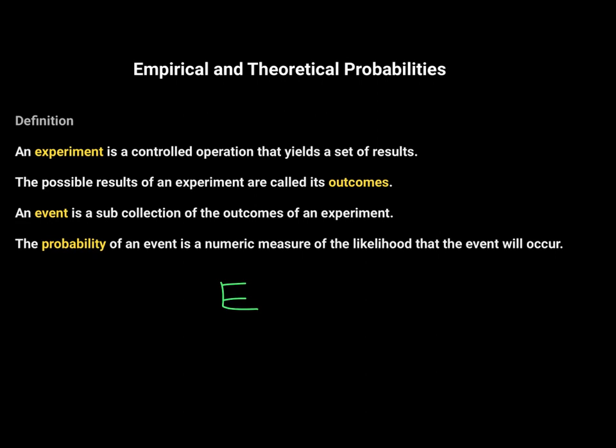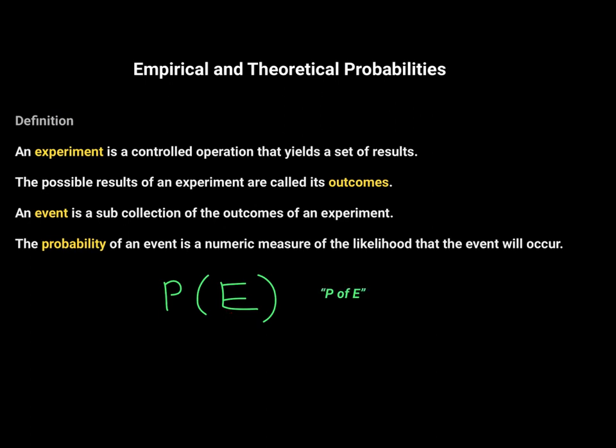And the probability of the event occurring is denoted like this: P of E. That's how we read it, and we understand it to mean the probability of this event occurring.